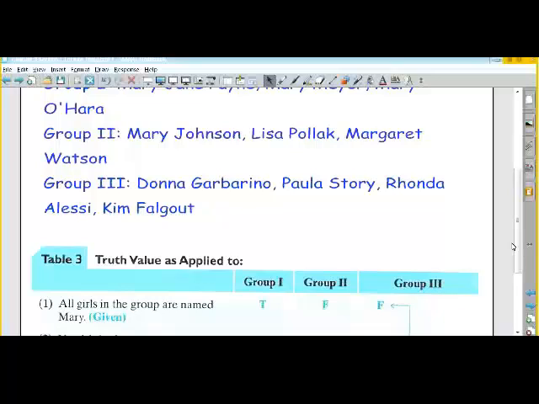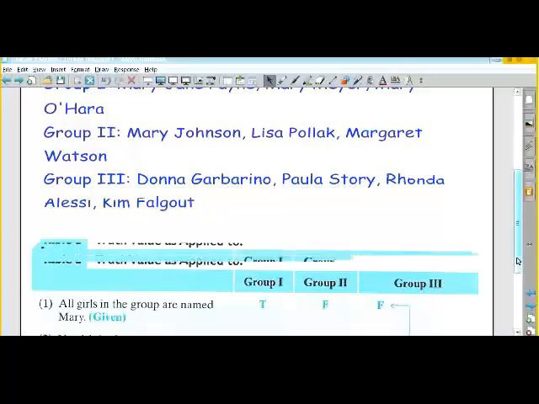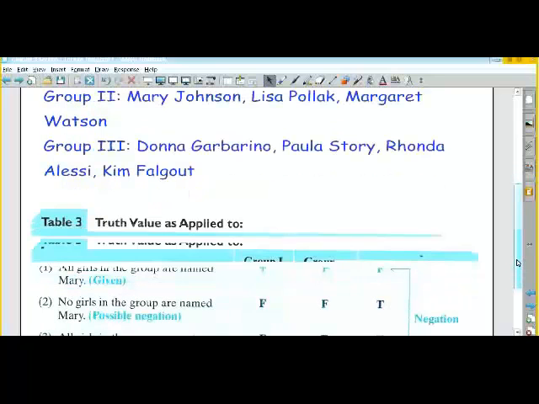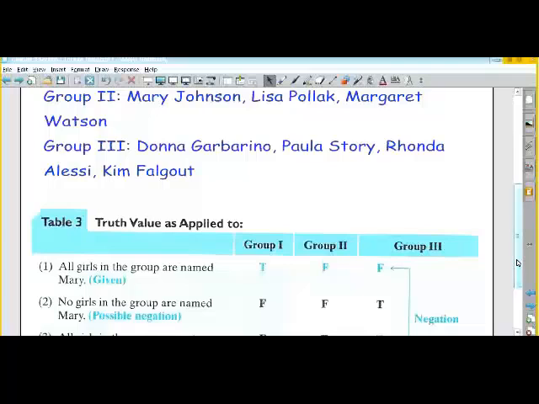For a statement to be a negation, what used to be true becomes false, and what's false becomes true for all situations. So the first example of a possible negation is no girls in the group are named Mary. We're using just the word no. None of the girls in the group are named Mary. So that's one possible negation. And then you look at the three possibilities.